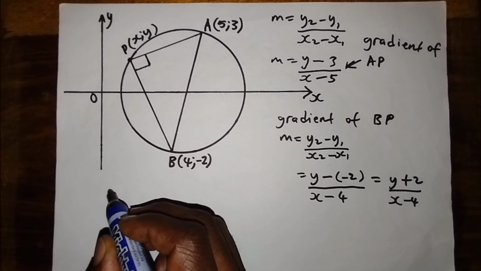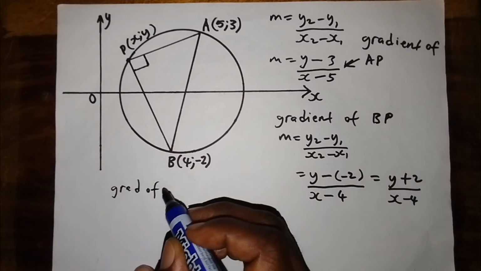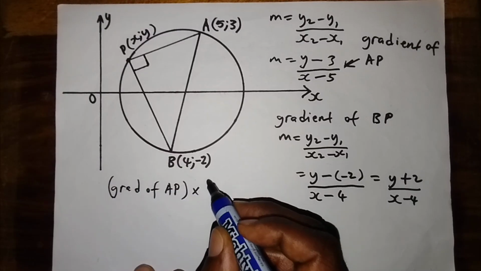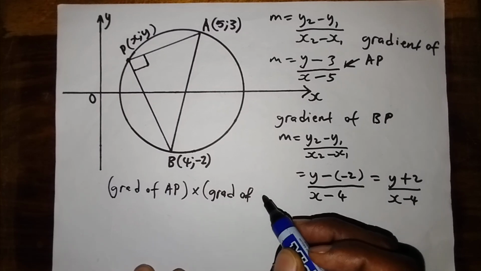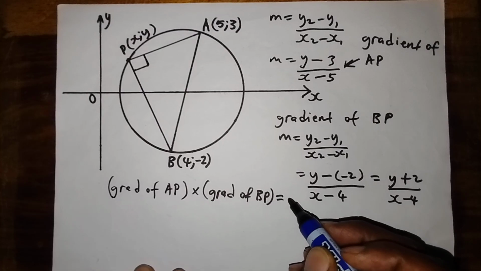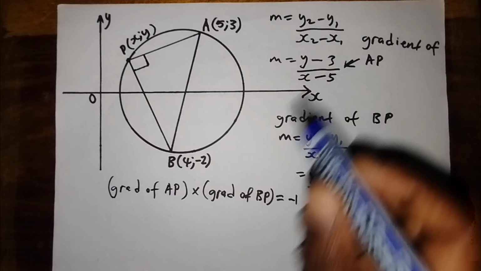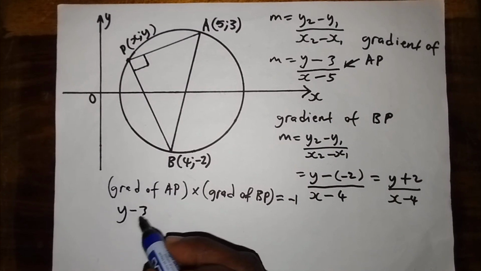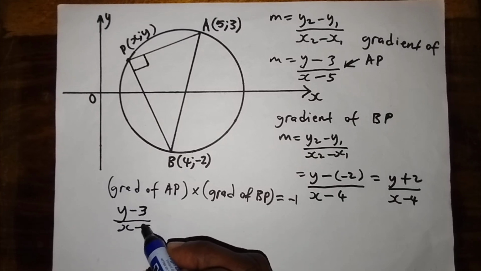So that's gradient of AP times gradient of BP equals minus 1. The gradient of AP is y minus 3 over x minus 5.